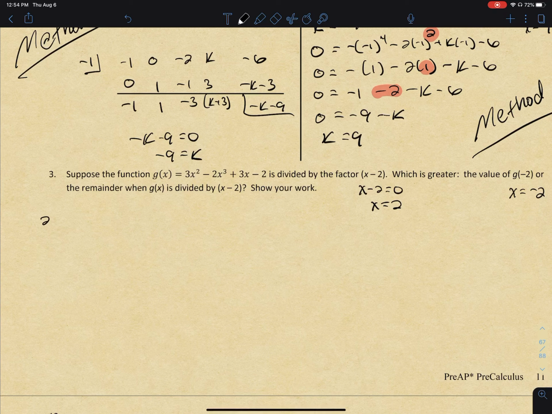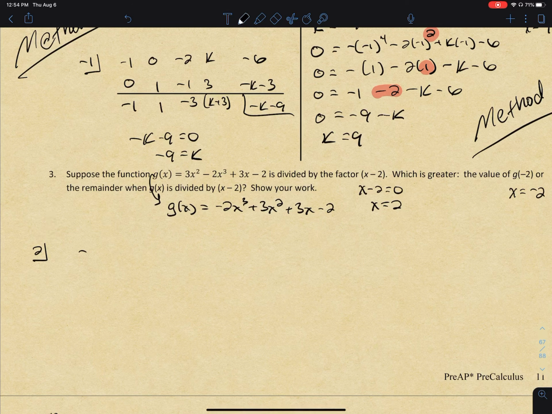So I'm going to divide synthetically by 2. Coefficients are 3, negative, whoops, I just made a huge mistake. This is not written in descending order. We want the exponents to go from biggest to smallest. And I'm not missing any terms, so that's fine.